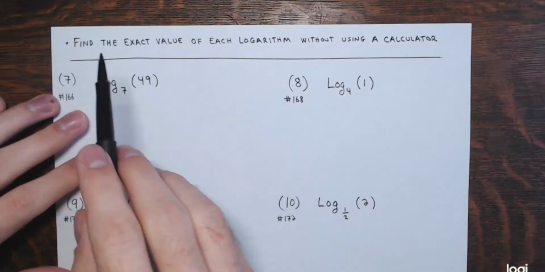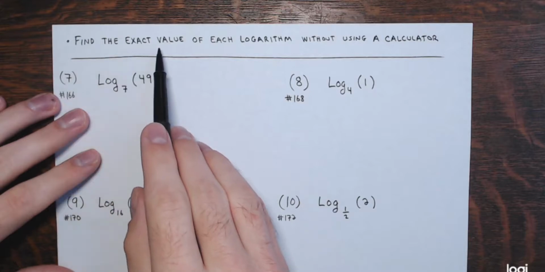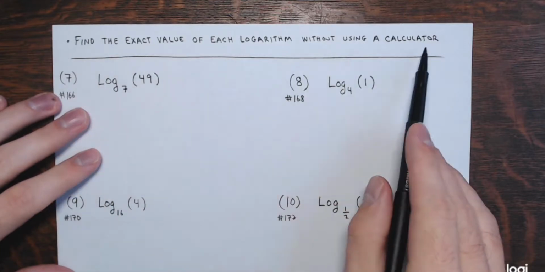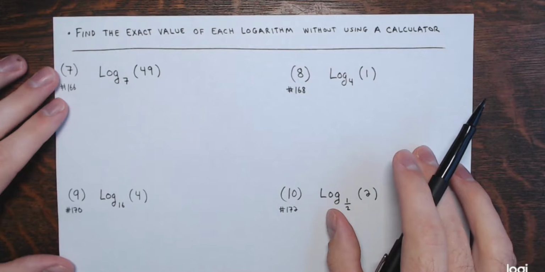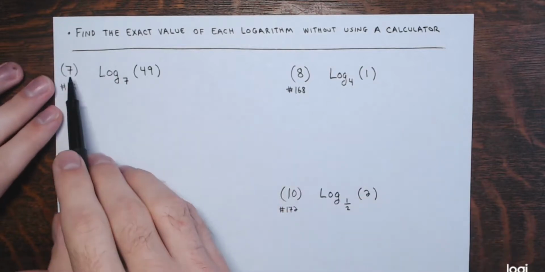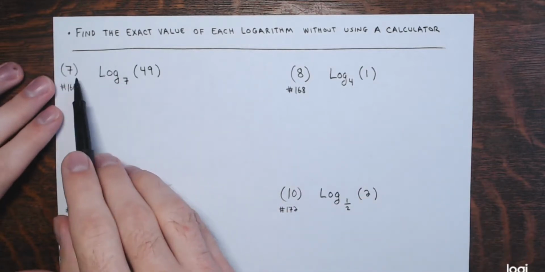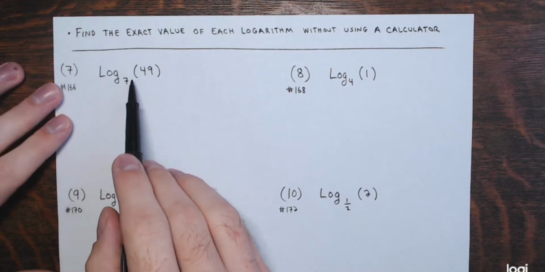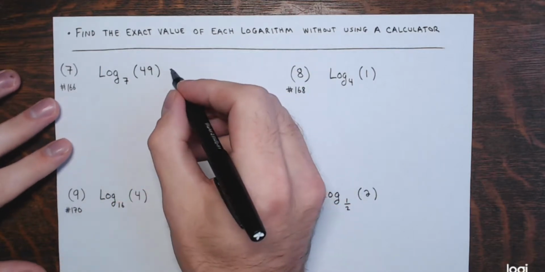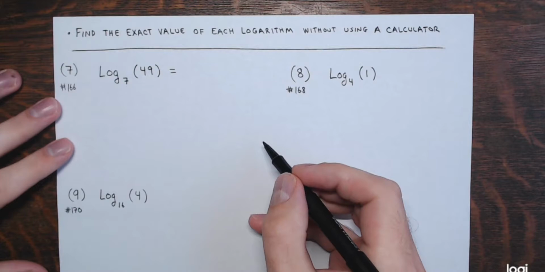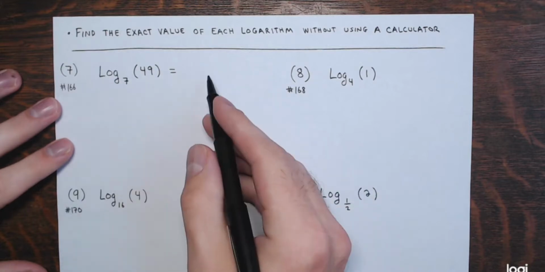exercises, we are asked to find the exact value of each logarithm without using a calculator. So remember what this means. Number 7 here, it says the log base 7 of 49. Remember what a logarithm is equal to. It's equal to an exponent.